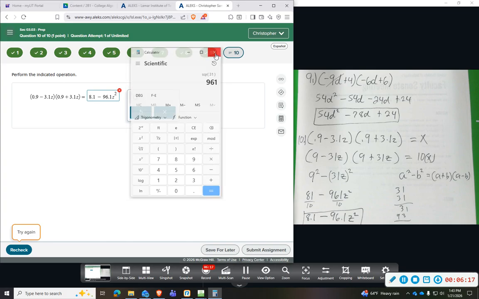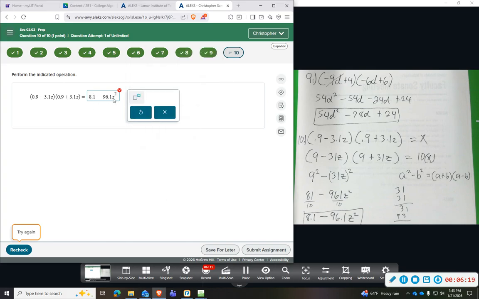Let me see if I went ahead and put it in whole numbers. 81 and 961. They don't like that one either. I'm not seeing anything. 9 times 9, 81.